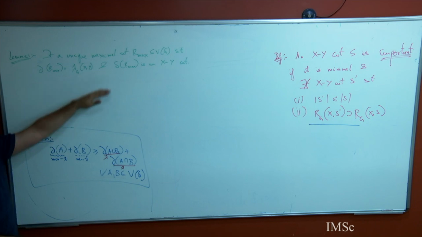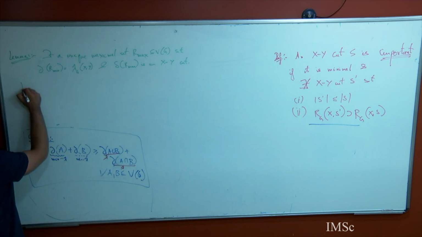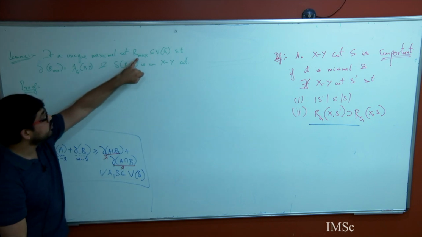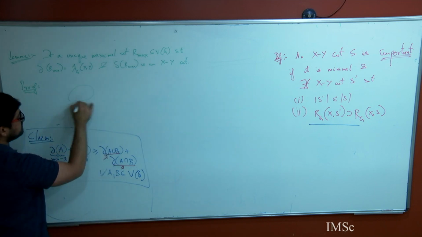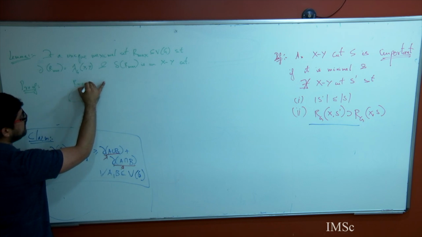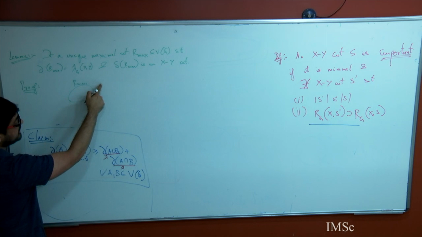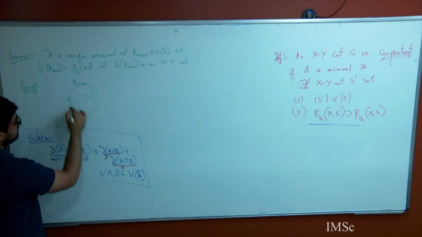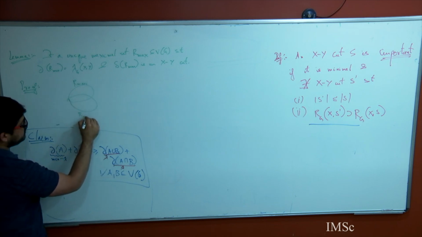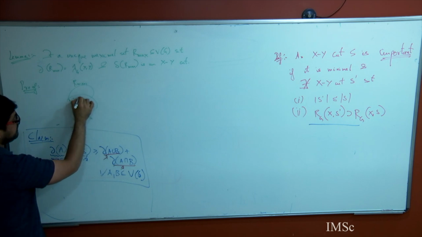For the proof, suppose that this is not the case. Then you have two such sets. So this is R max 1, and delta of this set is a min xy cut, and here is R max 2, which also has the same property.